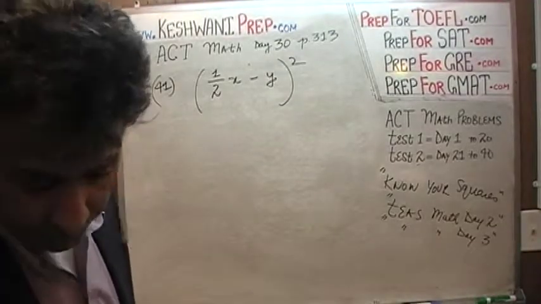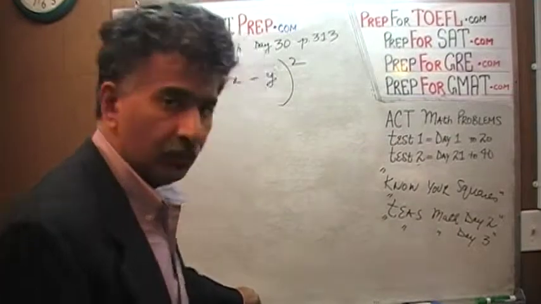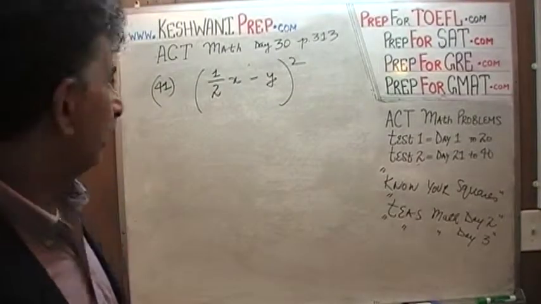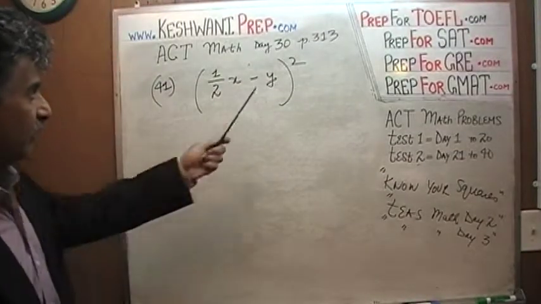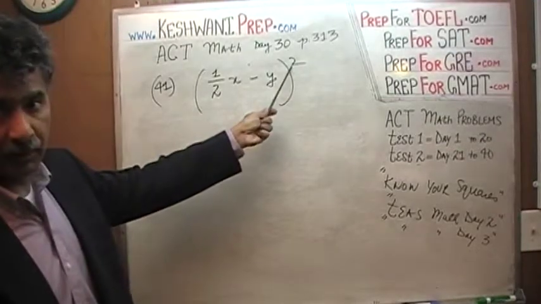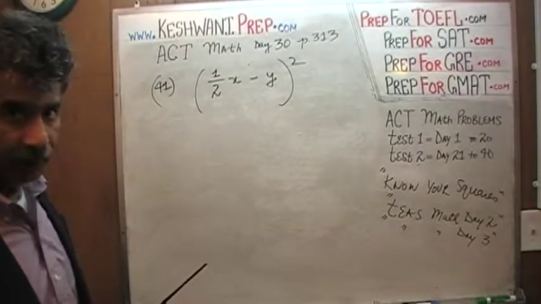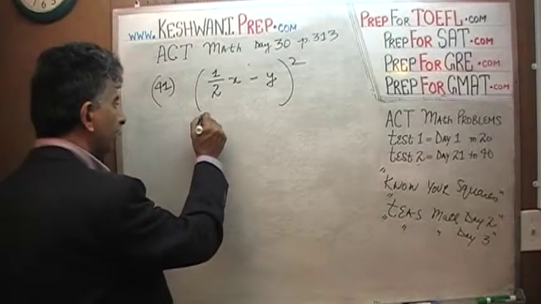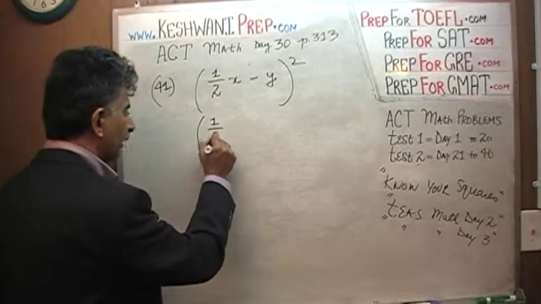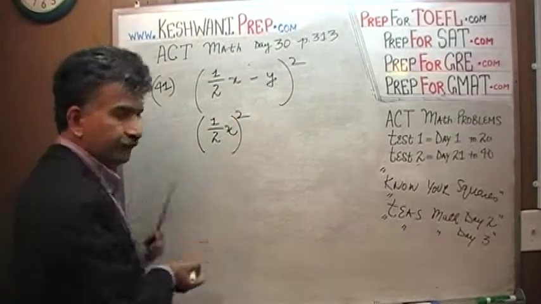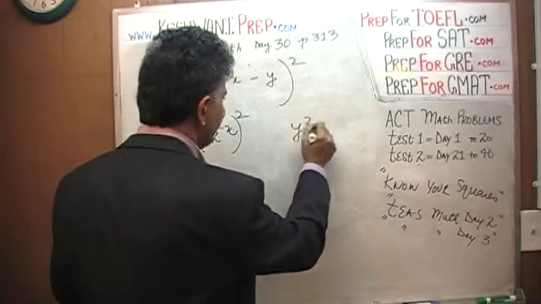But the very first thing we have to realize here, before we do any work at all, is that because this whole quantity is being squared, the correct answer, whatever it is, must contain the square of this first term, and it must contain the square of this guy.